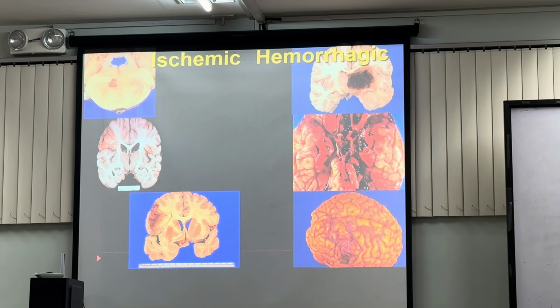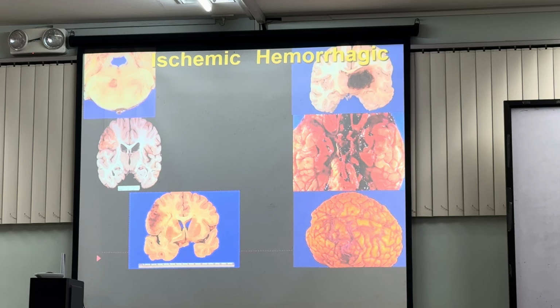What is the underlying pathology? Here, it's not at the base of the brain. You have a ruptured AV malformation. So depending on the location of the hemorrhage, you can already surmise what the underlying pathology is. Subarachnoid hemorrhage, think of aneurysm. Deep parenchymal hemorrhage, what is the most common cause?